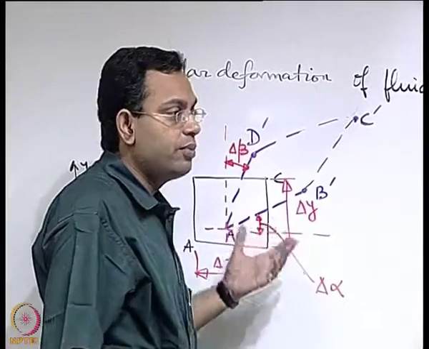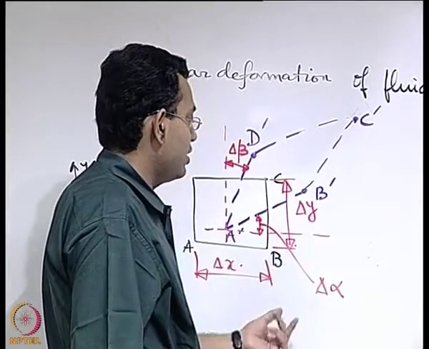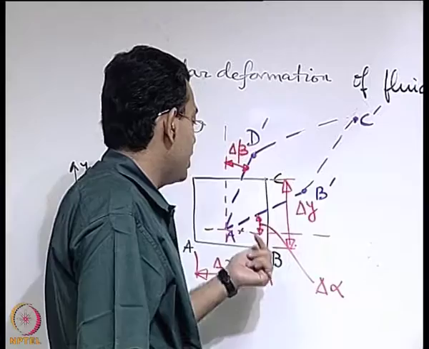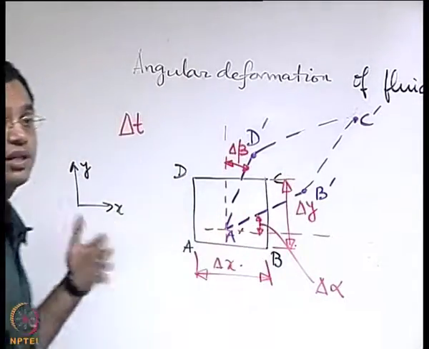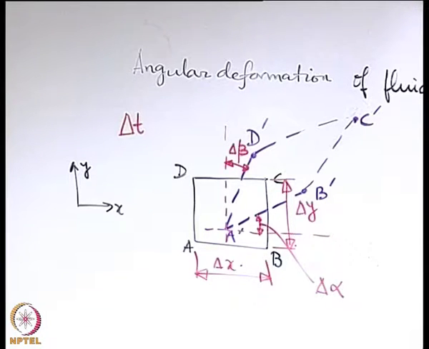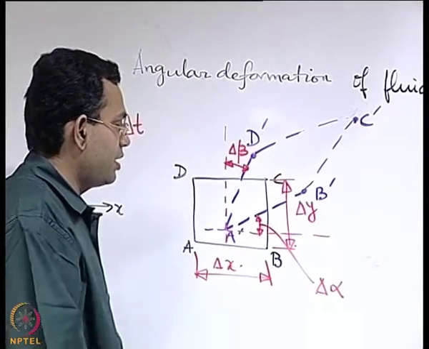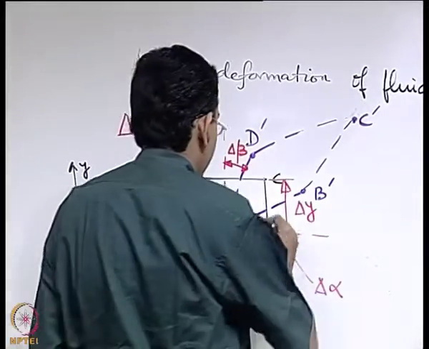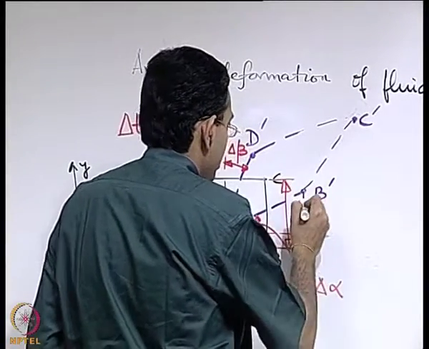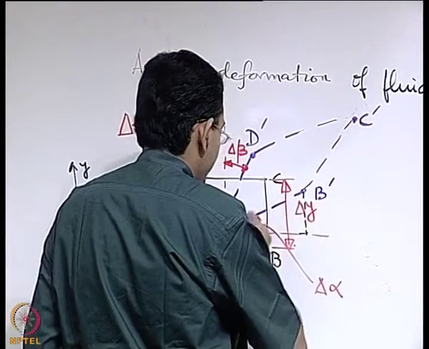Our objective will be to quantify the time rate of change of these angles, alpha and beta, in terms of the velocity components, here u and v, because it is in the xy plane. To do that, we may make some simple geometrical construction. It is not actually a construction, but just to figure out what is happening.